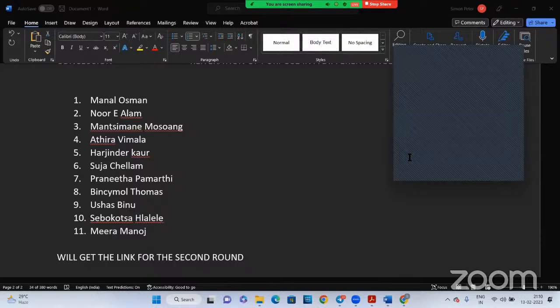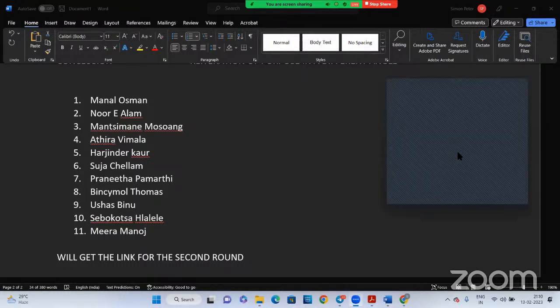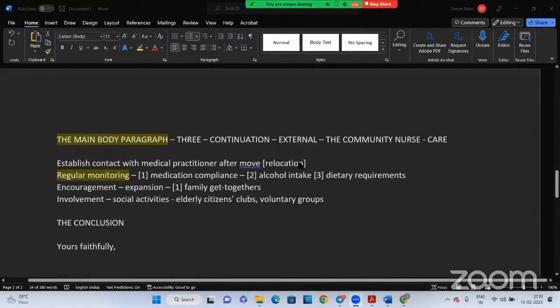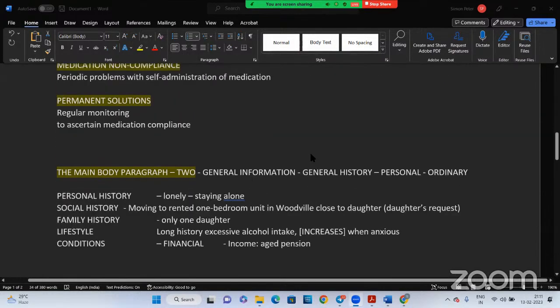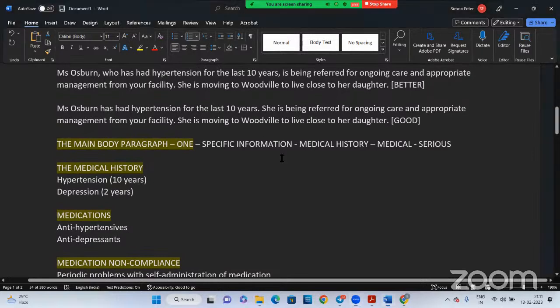This is the way how you are going to get these points. Now let us go into sentence construction.